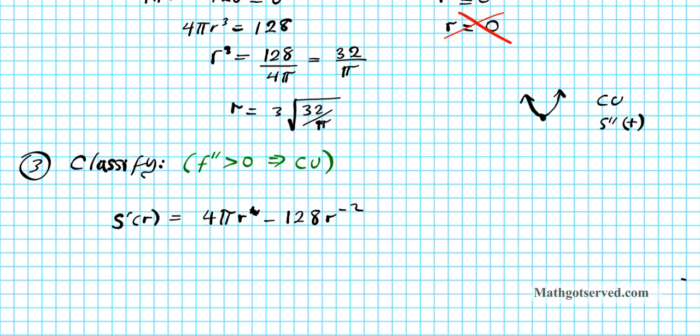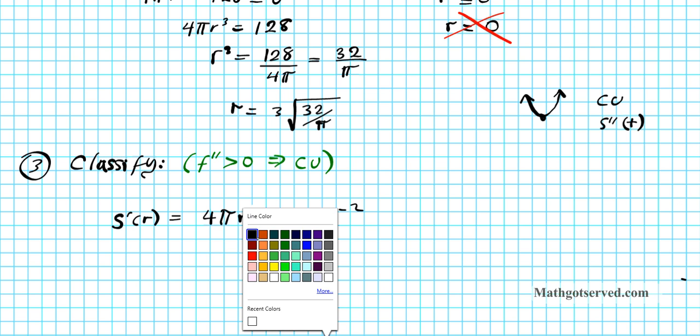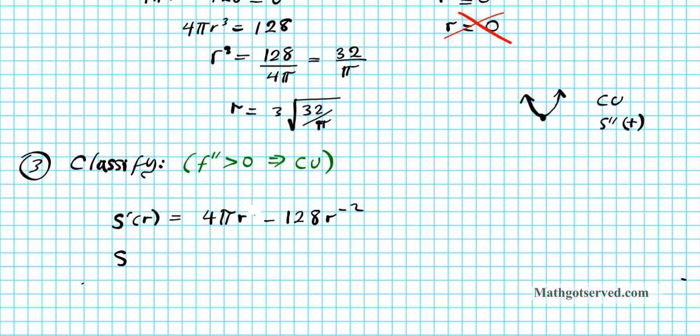So the second derivative, S double prime of r, is going to be 4 pi, because the derivative of r is just 1, minus 128 times the derivative of r to the negative 2, which is negative 2 r to the negative 3.